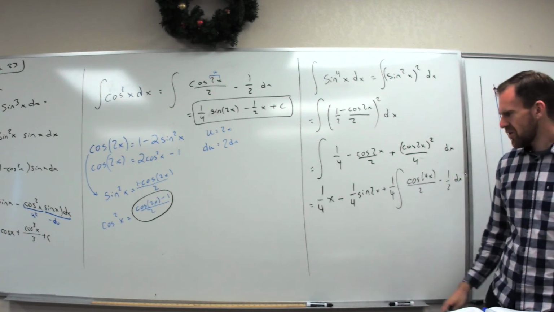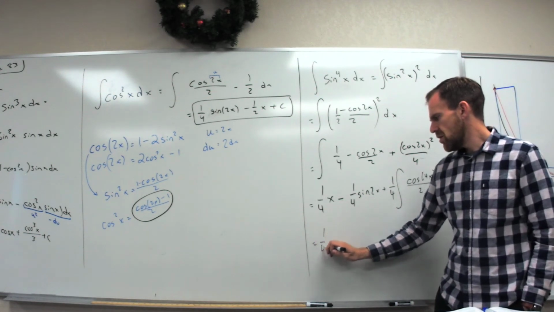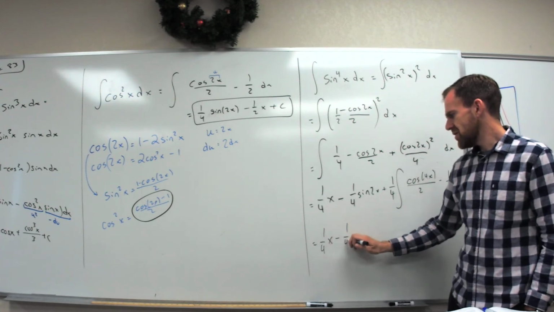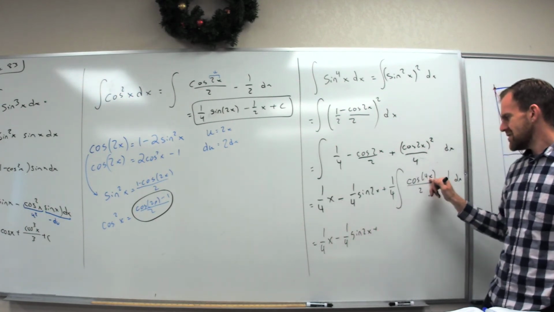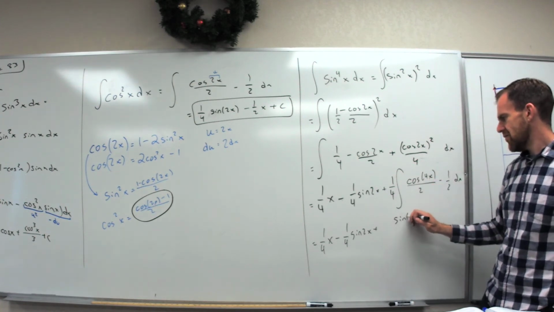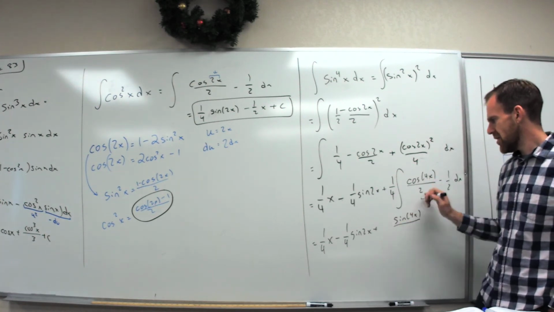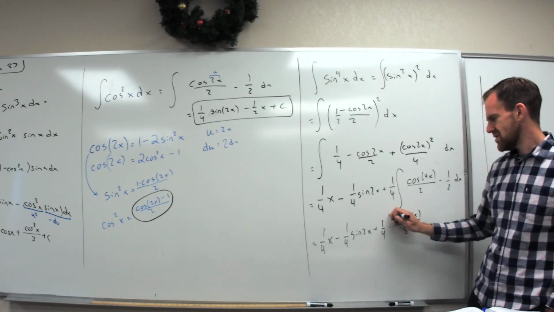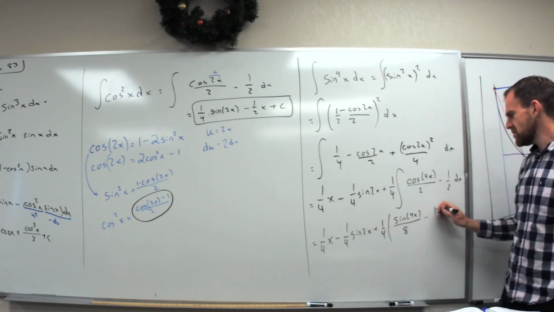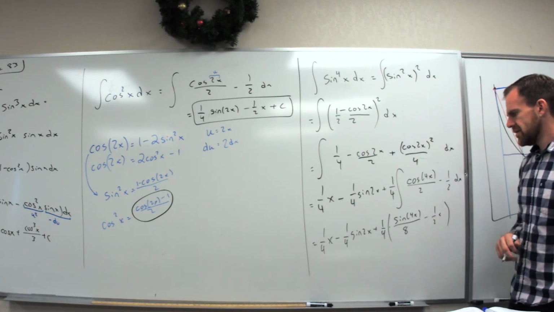So let's keep integrating. 1/4 x minus 1/4 sine of 2x plus, now this is going to be sine of 4x over 4. So it's going to be over 8 times 1/4 still, minus 1/2 x.